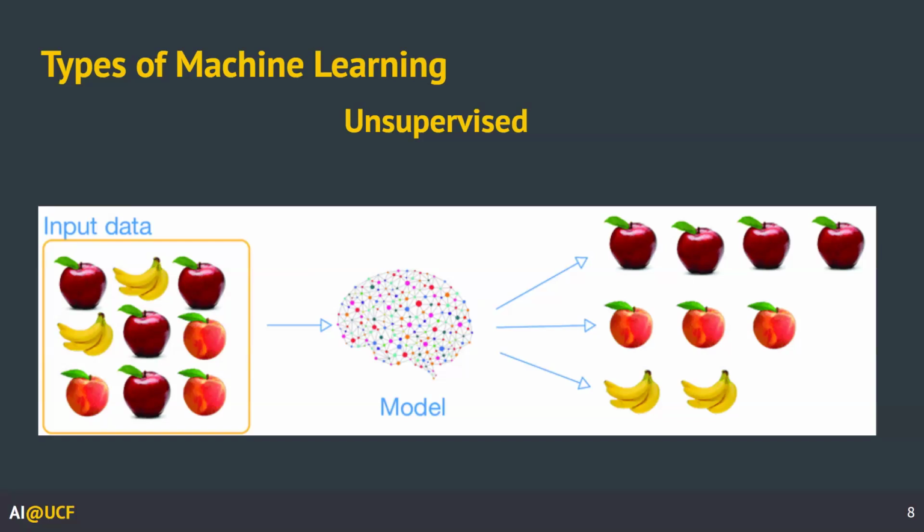For example, here, it's learning to cluster all of these different groups into their own grouping. Out of this assortment of fruit, it's figured out that, oh, these are apples, these are peaches, and these are bananas. It really doesn't know that these are apples, peaches, and bananas. It just knows, hey, these things are similar to one another, so they should be grouped together.